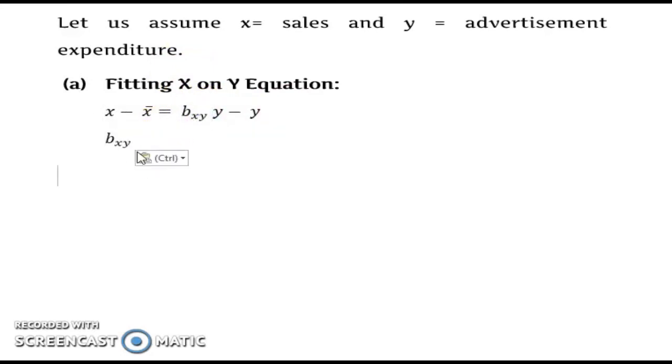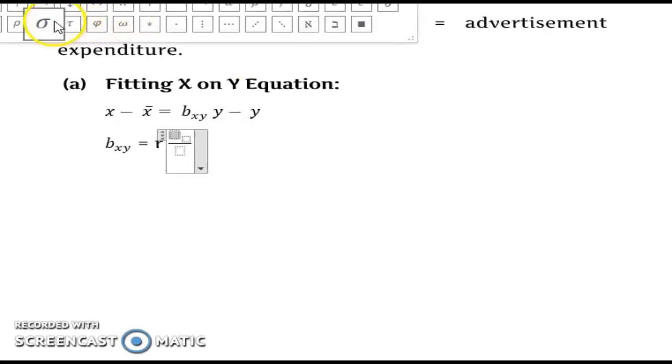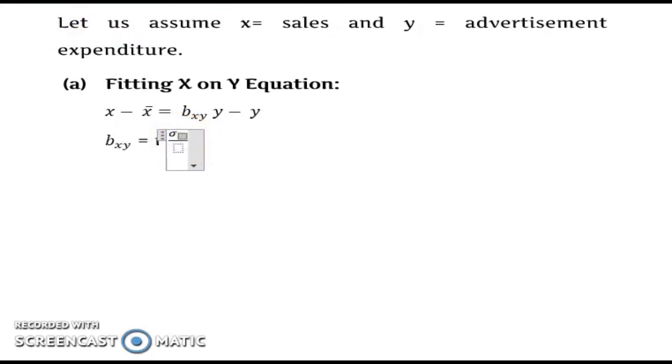So b of xy is equal to r into standard deviation, or sigma you can call, of x divided by standard deviation of y.